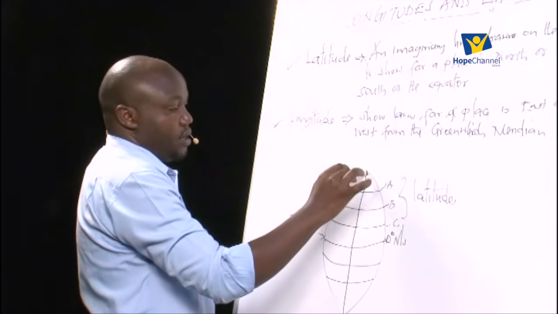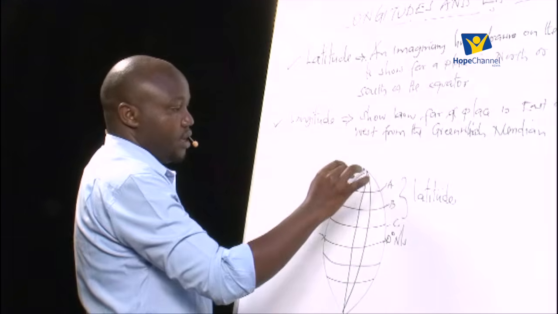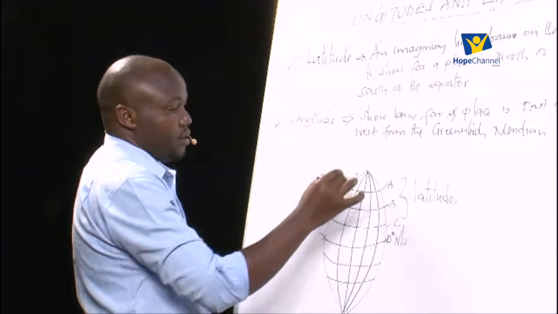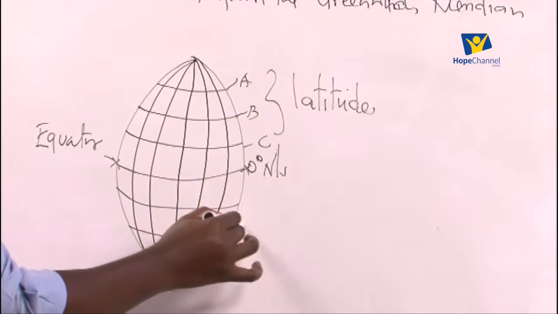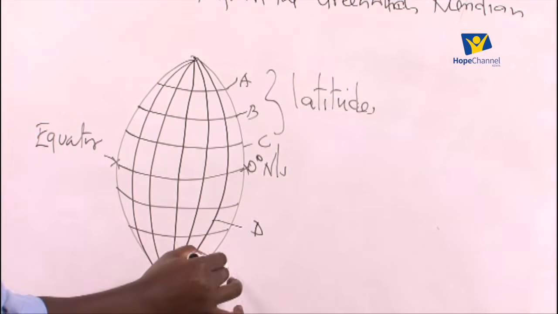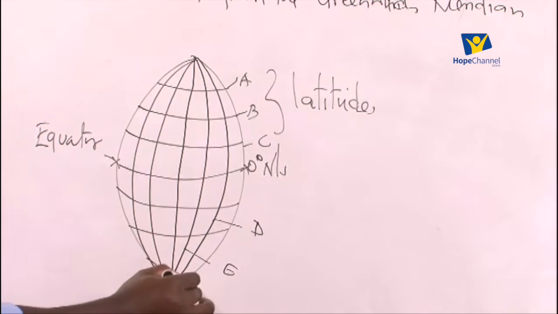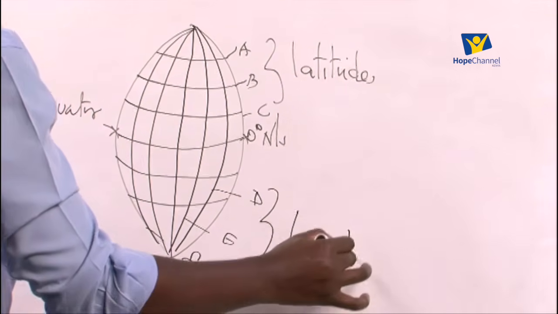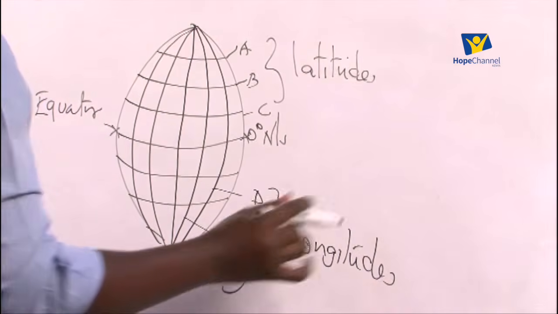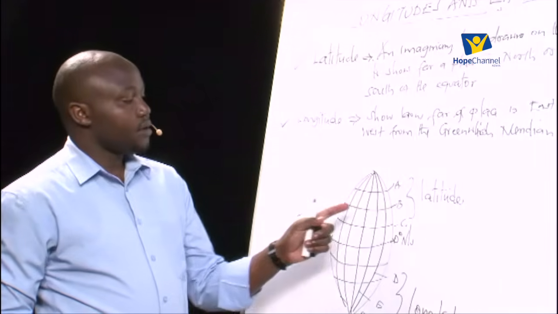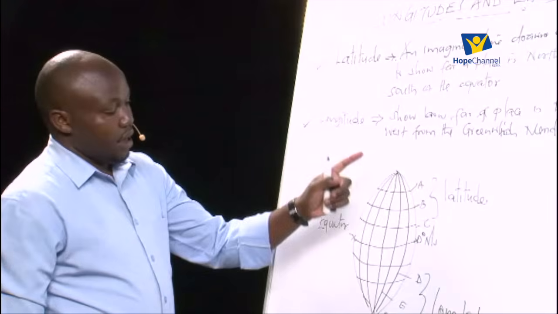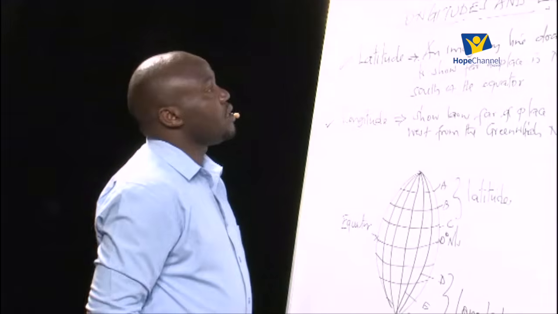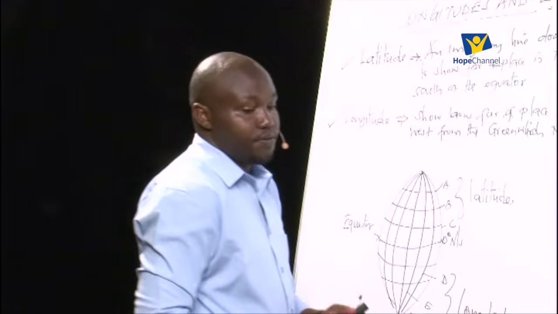Any point from the Greenwich meridian moving towards the east or west, all these D, E, F, are longitudes. So latitudes move horizontally and longitudes move vertically. Once you understand that, we can move very easily.